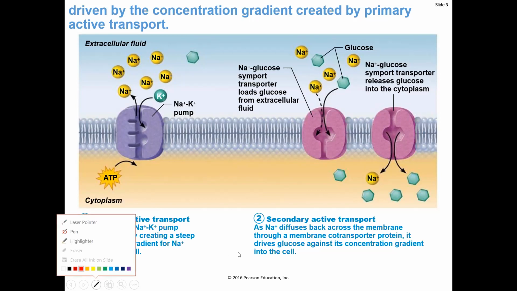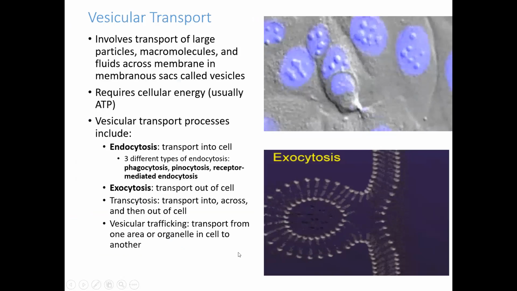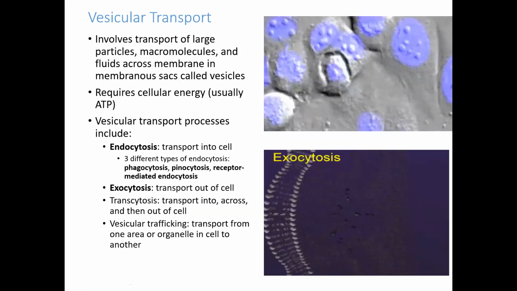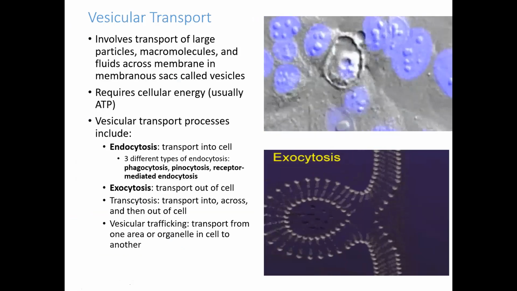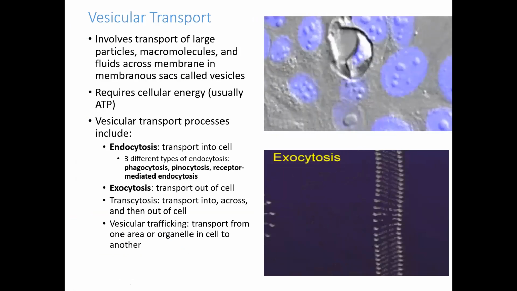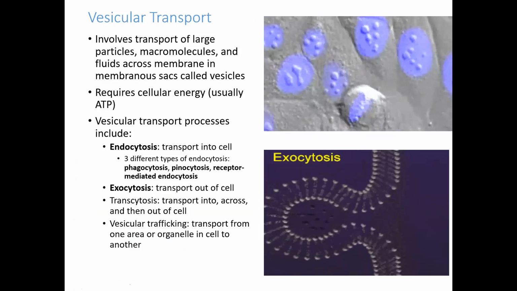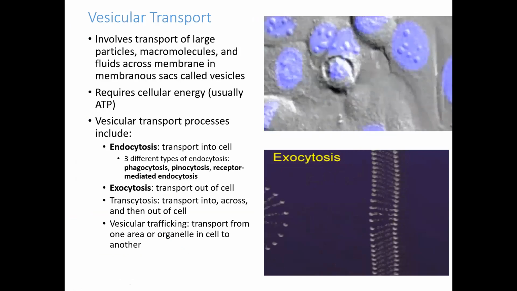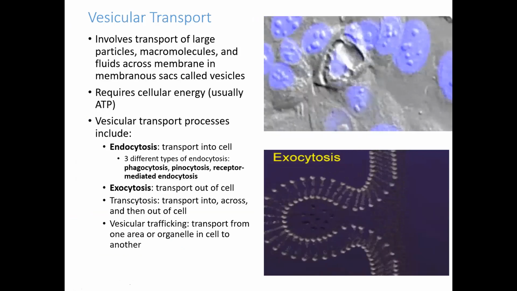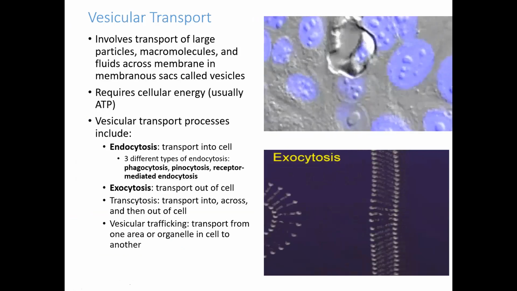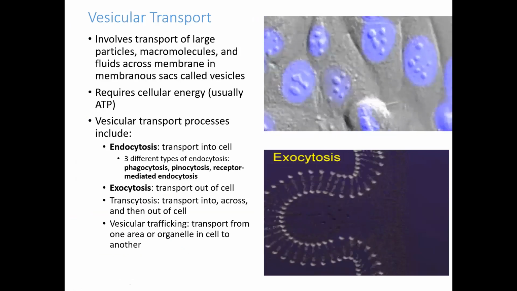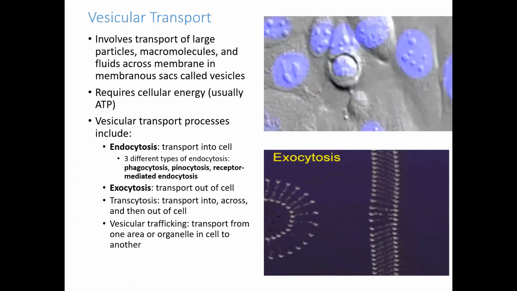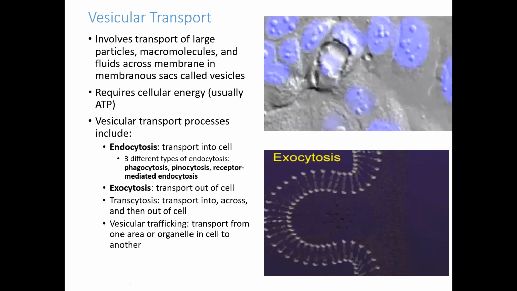Okay. Good question. Now, the other approach that involves the use of ATP is the use of vesicles. These are bubbles that form within the cell, and the walls of the bubble are made of the same structure as the cell membrane.